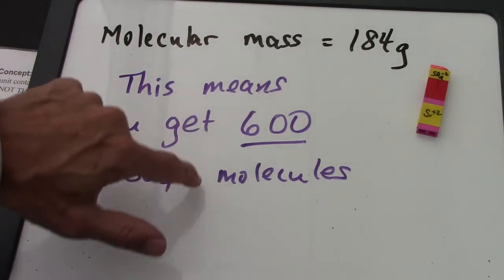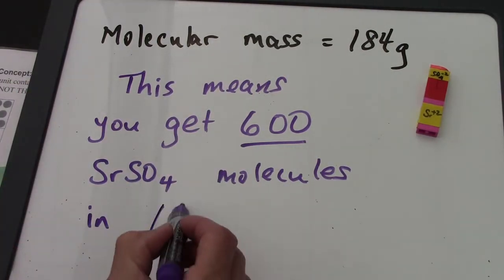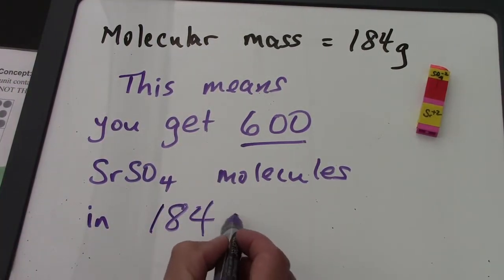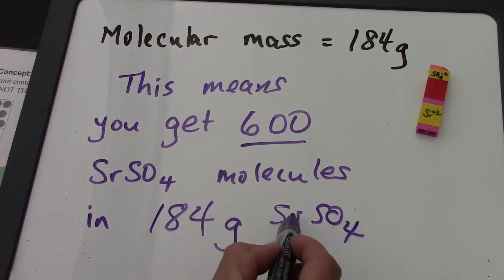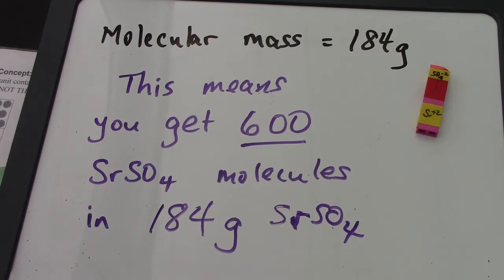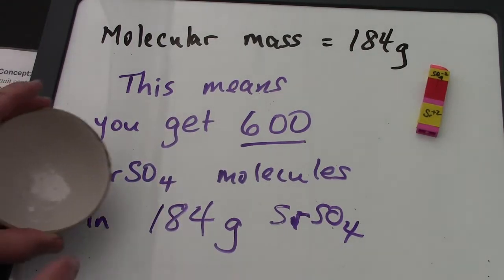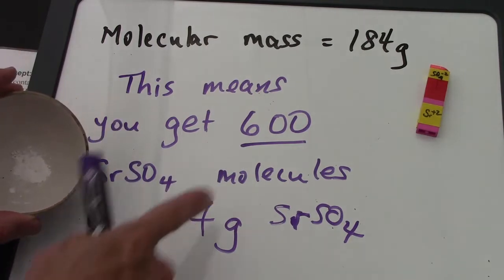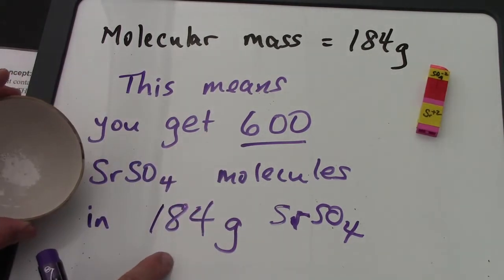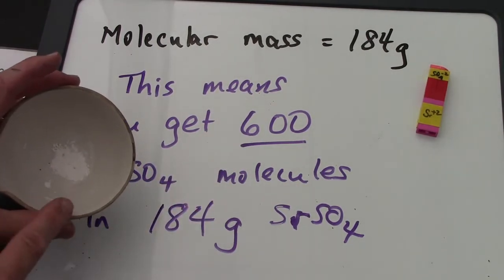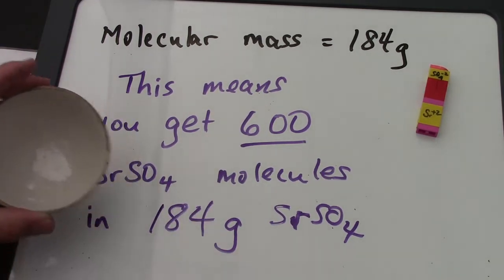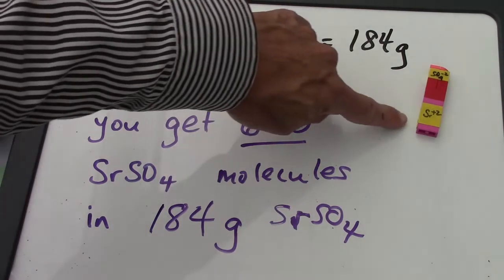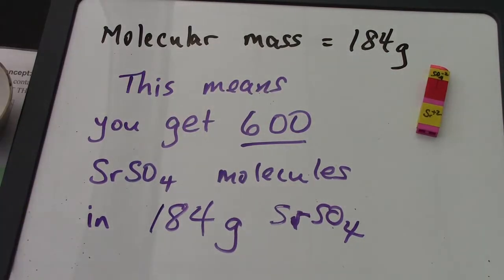So this would be the proportion or the ratio. And then you can use proportional reasoning to say, in my bowl I don't have 184 grams, but if 600 molecules equals 184 grams, I can count the molecules of SrSO4 in the bowl, and then I know how many strontium atoms were in there.